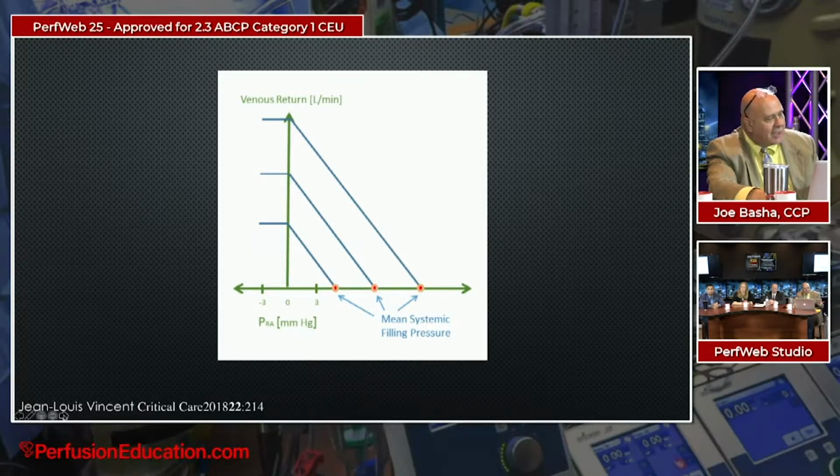As you move the blue lines, your mean systemic filling pressure, to the right, which also does increase your CVP, though they are independent of each other, it's important to understand that, you see that your venous return goes up.